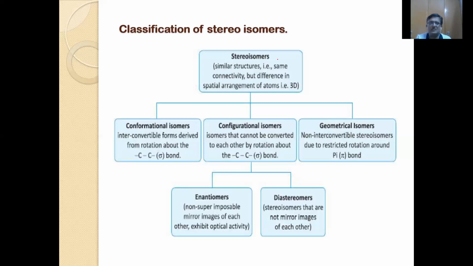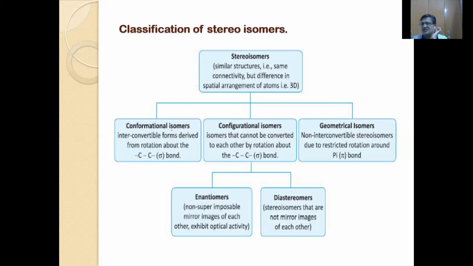So therefore stereoisomers are usually called configurational or conformational isomers. The configurational isomers are these 2. Geometrical isomers are also configurational isomers, and conformational isomers arise due to free rotation around the carbon-carbon single bond.